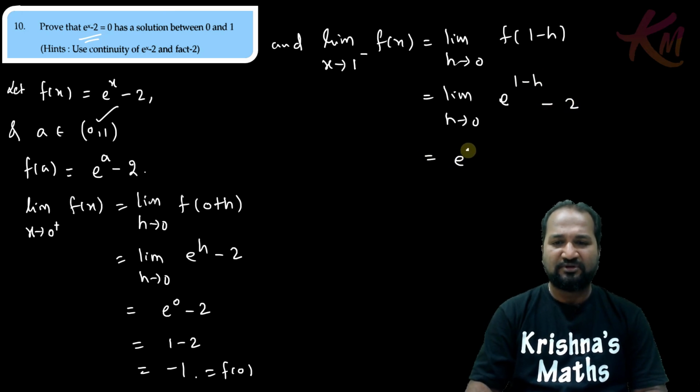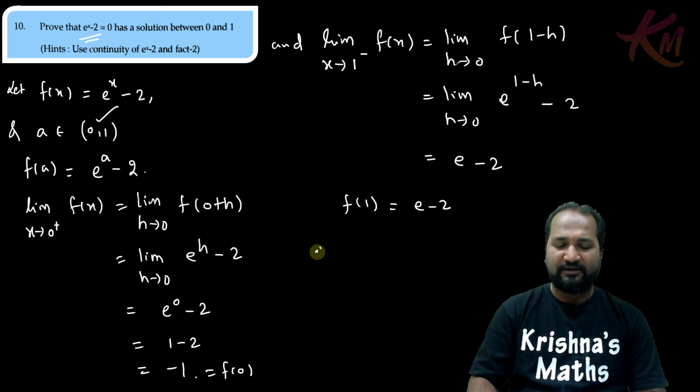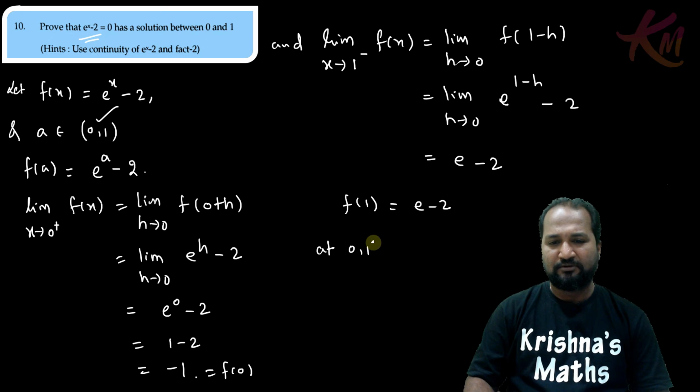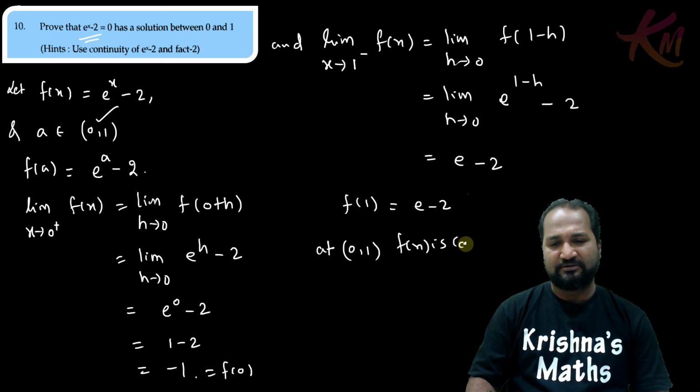As h tends to 0, e raised to 1 will be e minus 2, and f of 1 is equal to e minus 2.